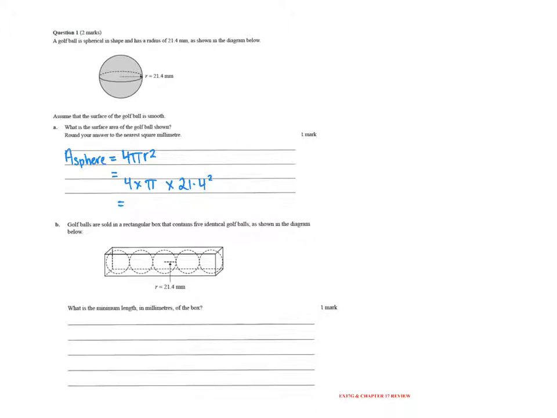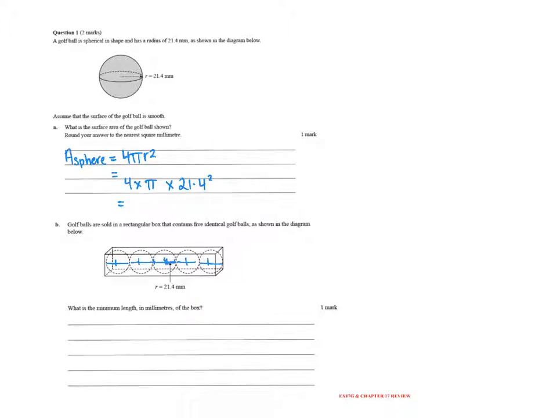And then the golf balls are solid in a rectangular box that contains 5 identical golf balls as shown. What is the minimum length of the box? Can you see, if you've got a radius there, isn't that also a radius? So you've got 2 radiuses across each golf ball. Wouldn't that be the length of the box?